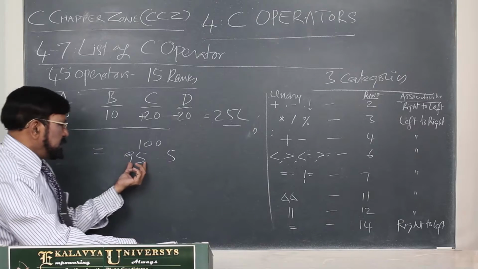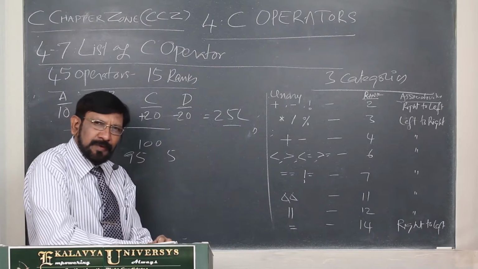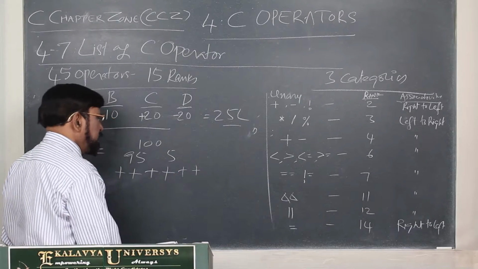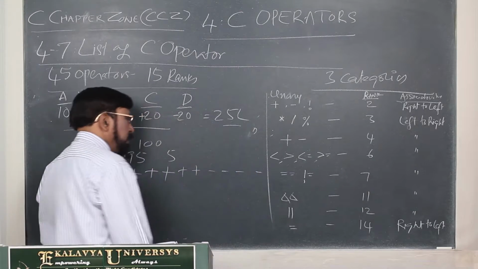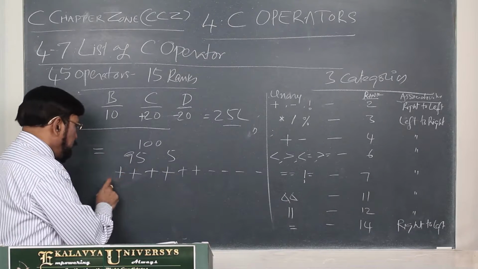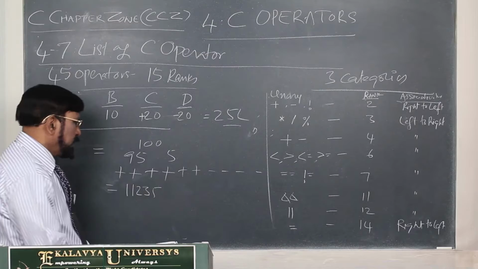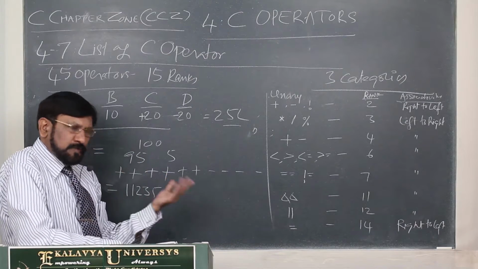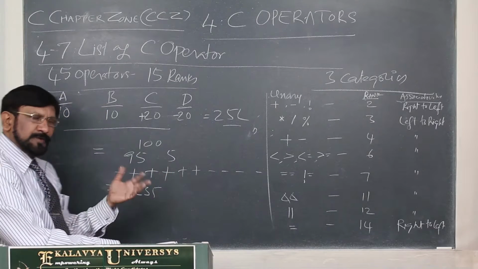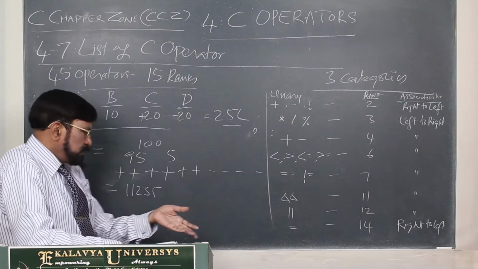So, from 95 people you received money by selling goods. For 5 people he paid amount. Okay. So, there are 95 plus, 95 plus, 95 plus and all that. Thereafter 5 minus are there. Okay. At the end of the day, if you evaluate that, the balance amount is 11,235. Suppose all sales together 51,235, and for suppliers 40,000 rupees he paid.